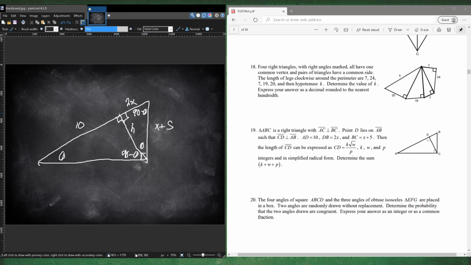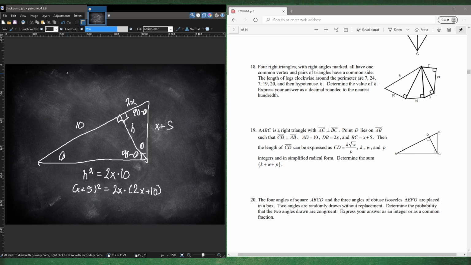But basically, if you do that, what you find out is that h squared is equal to the product of the parts of this side length, and that's 2x times 10. And you also find out that this side squared, x plus 5 squared, is equal to this part under it, which is 2x, times this entire side length, which is 2x plus 10.